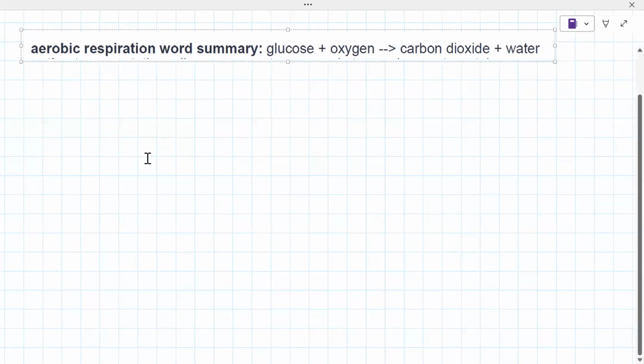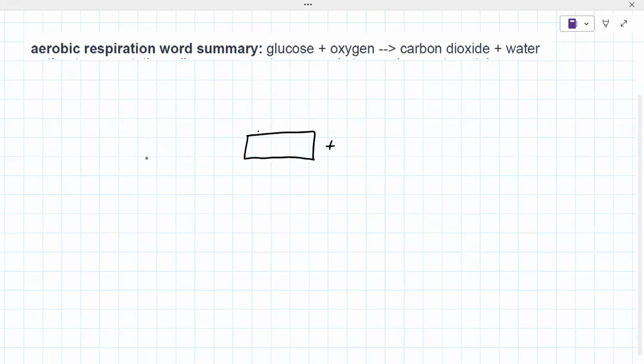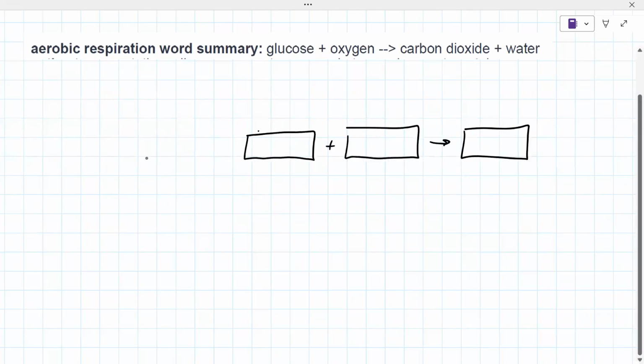All right, could you read what's written here, please? Aerobic respiration: glucose plus oxygen makes carbon dioxide plus water. Yeah, so here's how your teacher could ask this. They could give you a fill in the blank, where you have to know that each of these goes in these positions.